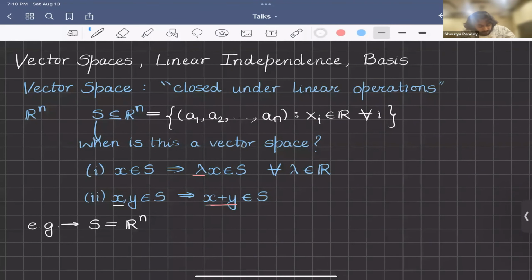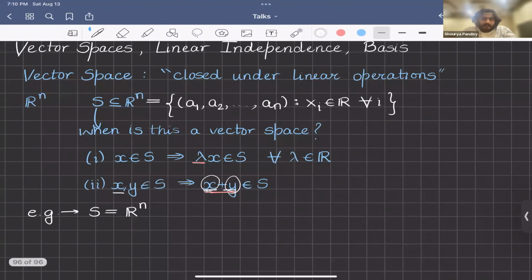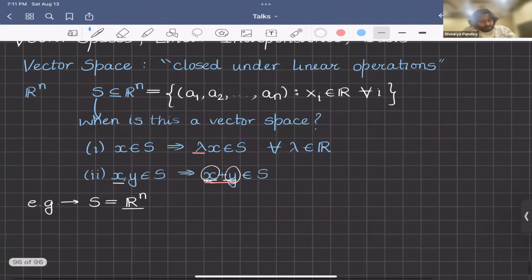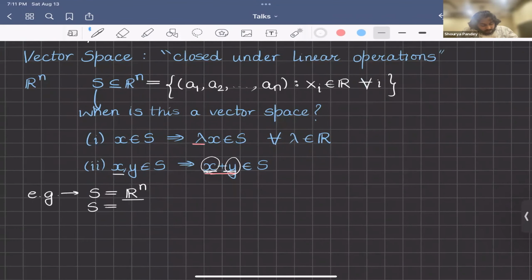When I say X plus Y, X itself is an n-tuple and Y itself is an n-tuple, so when I add them, I'm just adding the corresponding terms. And lambda times this is just multiplying lambda to each coordinate. So the entire thing is a vector space. That's sort of trivial. And so is the set containing just zero.